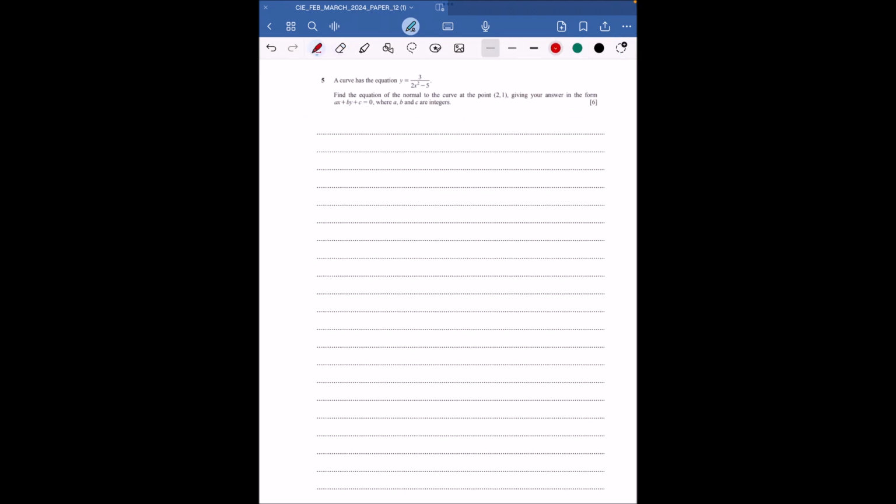So we're going to put this in index form. So that's 3 into (2x squared minus 5) to the power of minus 1. So dy/dx will be minus 3 (2x squared minus 5) to the power of minus 2 times 4x.